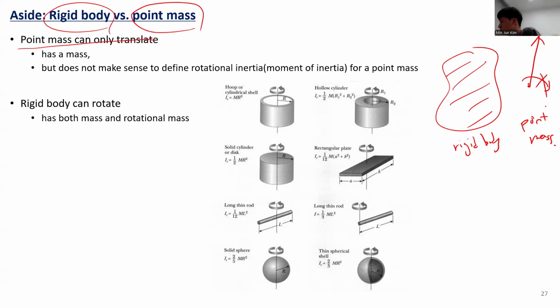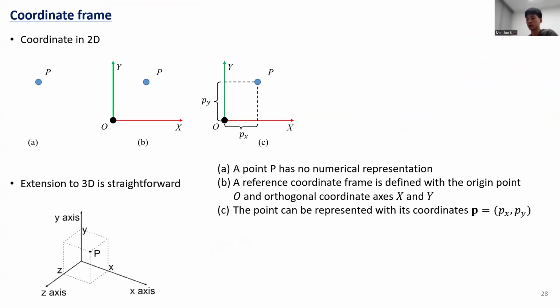There's no such thing as a rotation. A rigid body can both translate and rotate. That's the main difference. Okay.